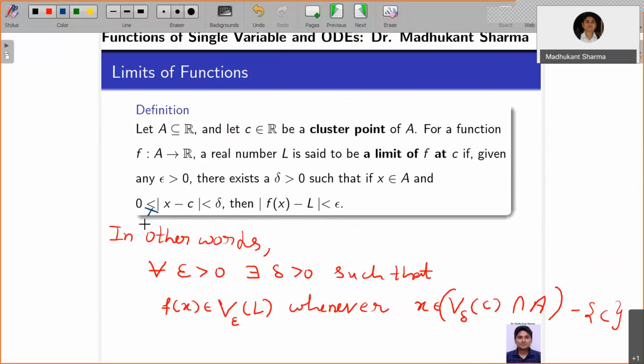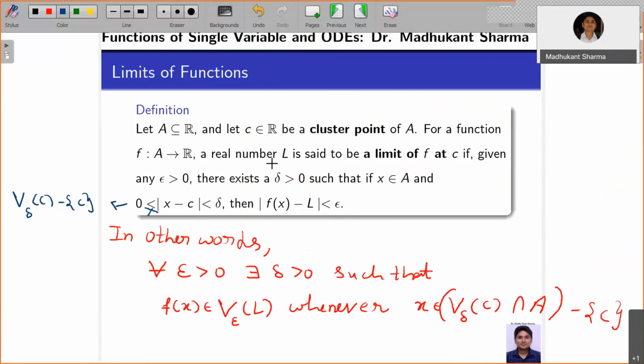So we have considered here the deleted neighborhood of c instead of the neighborhood of c. In mathematical form, the notation for the deleted neighborhood of c with radius delta is B delta of c minus singleton, meaning you puncture the point c and consider the rest of the points.